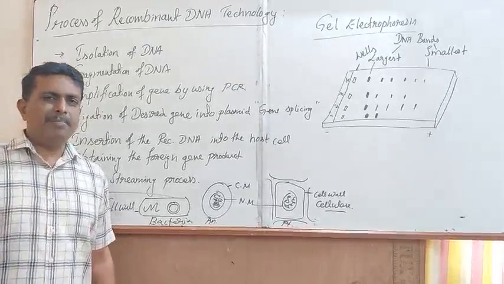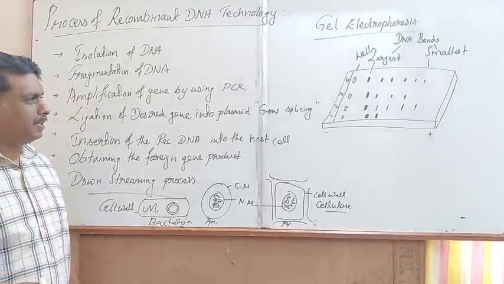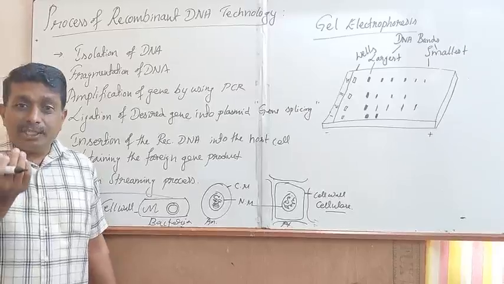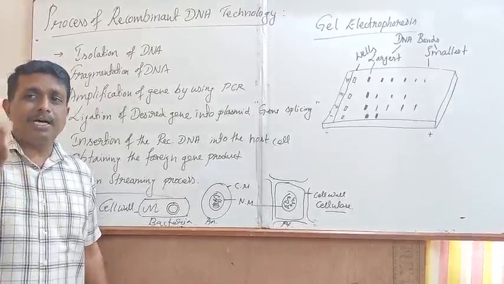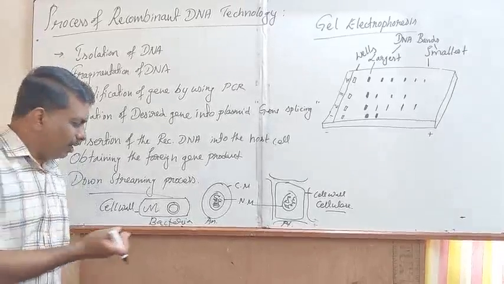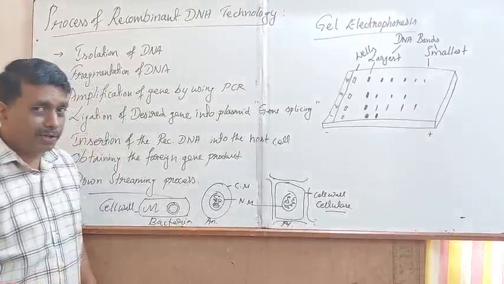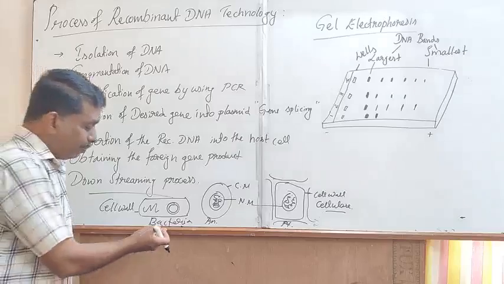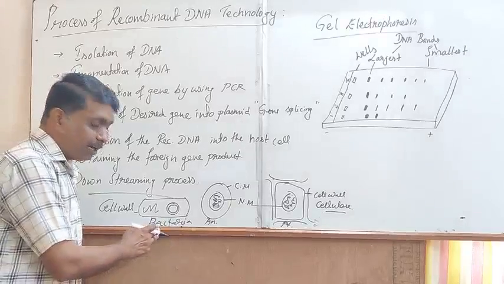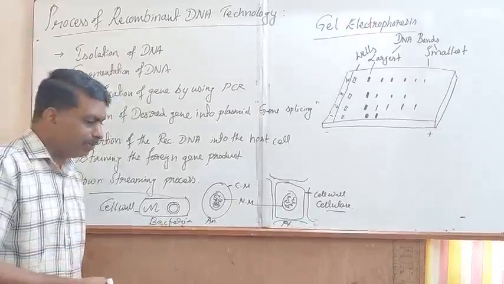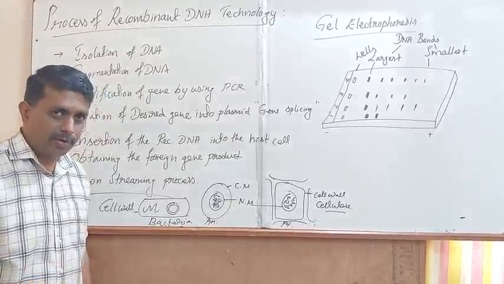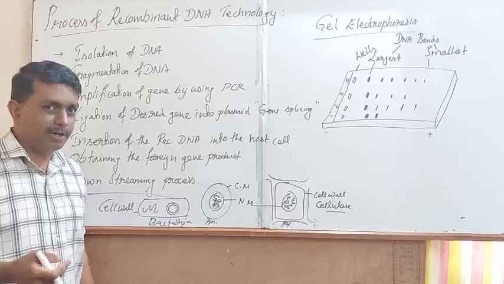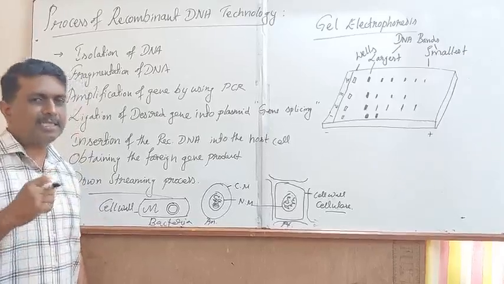These are the main important steps involved in the isolation and separation of genetic material from different living organisms. In order to separate the DNA from bacteria, we require lysozyme enzyme. To recover DNA from fungal origin, it requires chitinase enzyme.